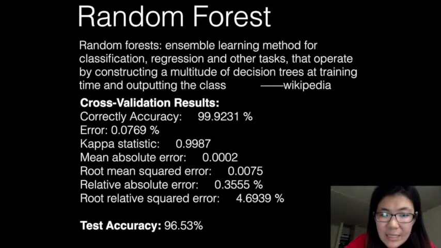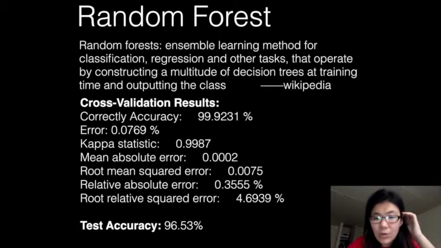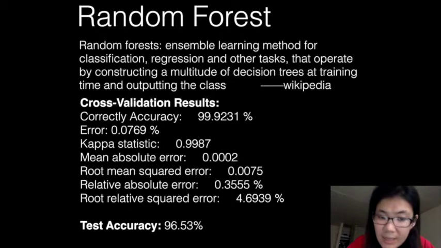The correct accuracy is 99%. The error is 0.07%. The kappa statistic is 0.99, and the mean absolute error is 0.0002. The root mean squared error is 0.0075.